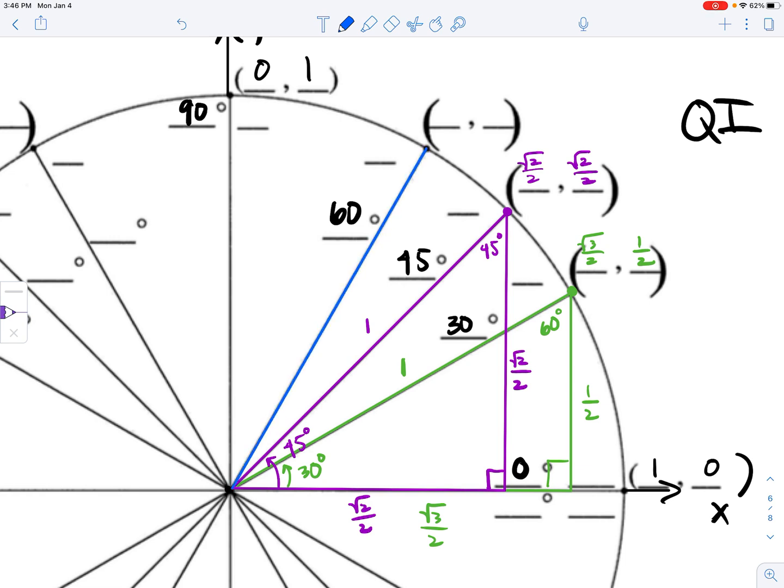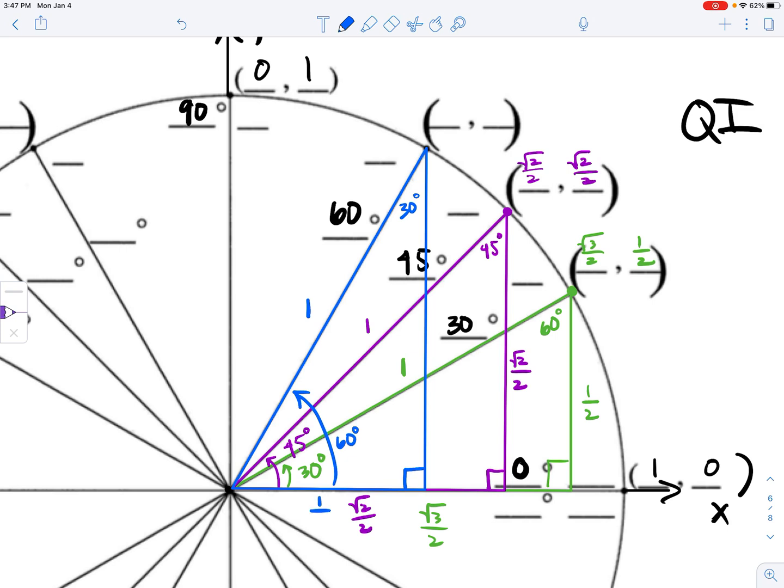All right, and then kind of rotating the 30, 60, 90 triangle, right? This would be 90 degrees. This angle would be 60 degrees, meaning this top one would be 30 degrees.